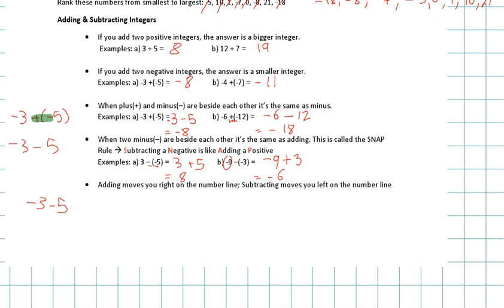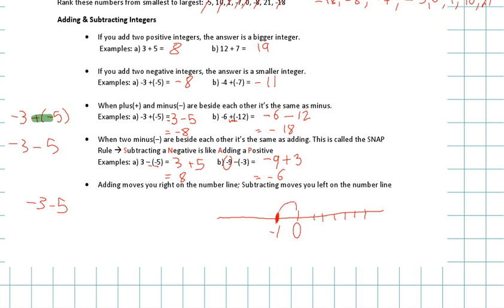Now, adding moves you to the right on the number line. So if you're at -1, and you're adding 5, then you're moving to the right 5 times.